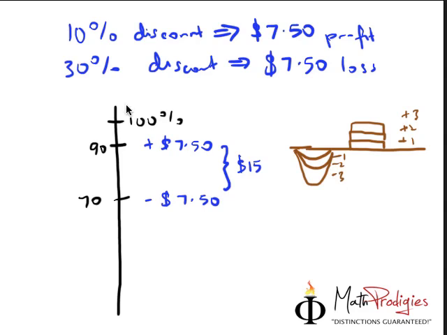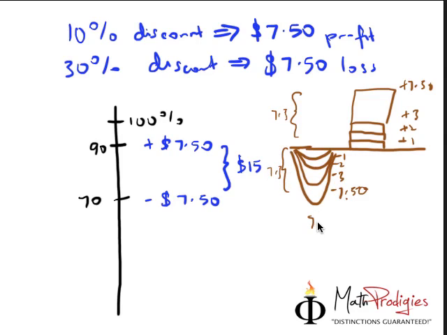What we have is -750, and over here we have +750. So what's in between +750 and -750? Actually 7.50 over here and 7.50 over here. So 7.50 plus 7.50 gives you $15.